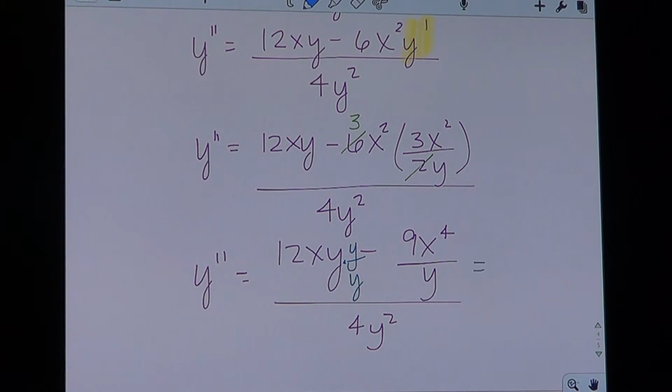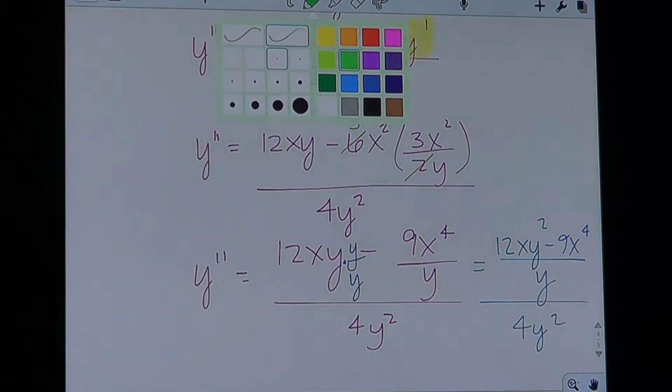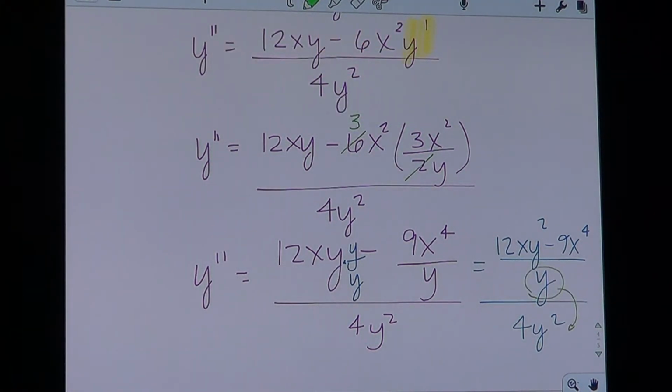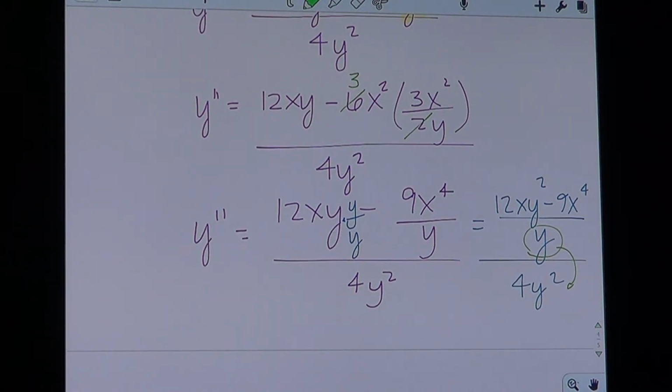So that will be 12xy squared minus 9x to the 4th over y, over 4y squared, and then we can move that down. Could you just flip it and multiply, or is that not okay?